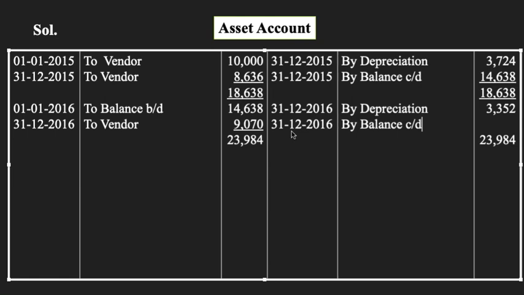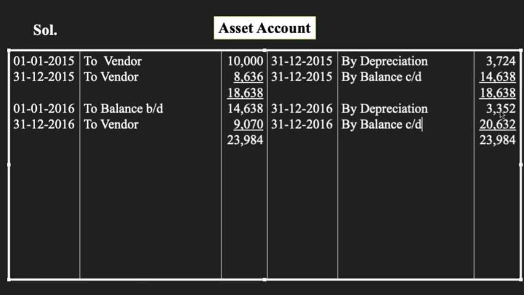So here on 31st/12/2016 we are going to find out the balance carried down. Here on the debit side we have a total of 23,984, and it has to be 23,984 on the credit side also. Now the difference here is 23,984 minus 3,352, and the difference is 20,632.